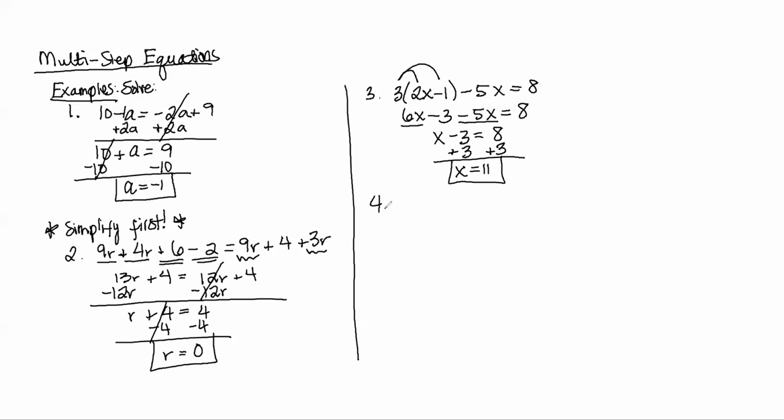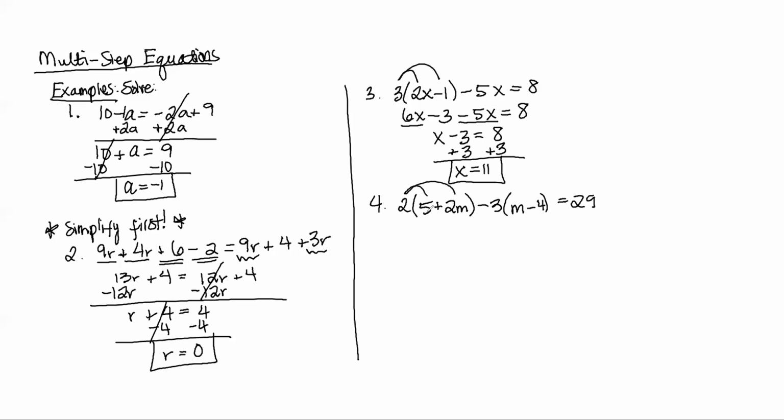All right, and then one last one here. Let's try one more where we're simplifying. So we have 2 parentheses 5 plus 2m, parentheses, minus 3 parentheses m minus 4 equals 29. All right, so let's start distributing first.